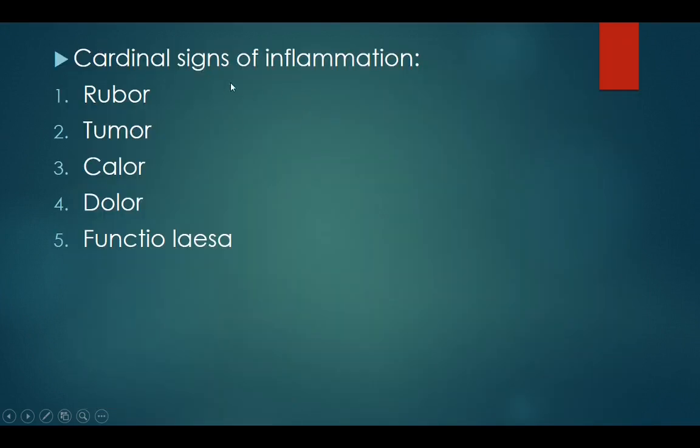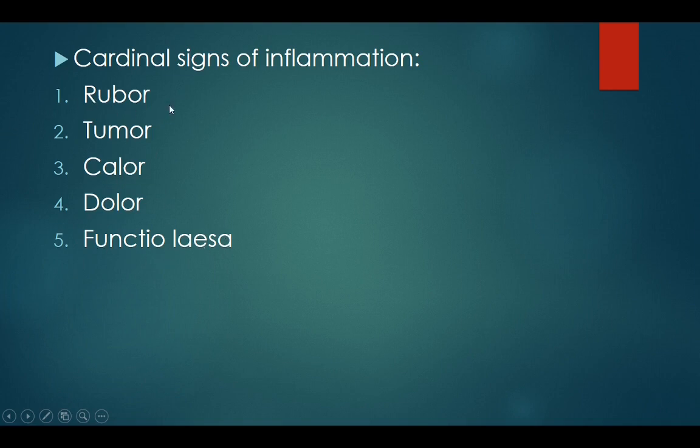So what are the cardinal signs of inflammation that I was talking about? That is rubor, tumor, calor, dolor, and functio laesa. This fifth one was introduced later, in the 19th century, but the four symptoms were described previously, during the first century AD.